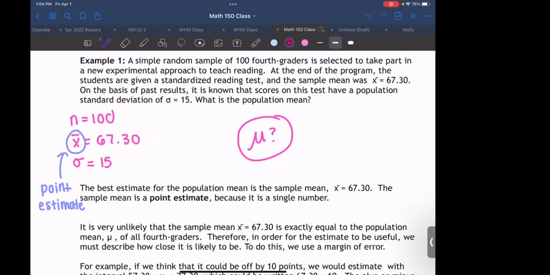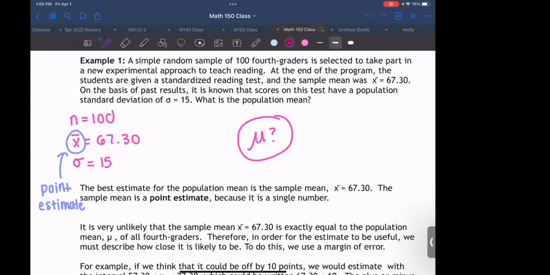If you were given that the sample size is 100, the sample mean is 67, and the population standard deviation is 15, that's all we knew, and I asked what do you think the population mean is? What would be the closest number to the population mean? Yeah, the sample mean, because they're both means.